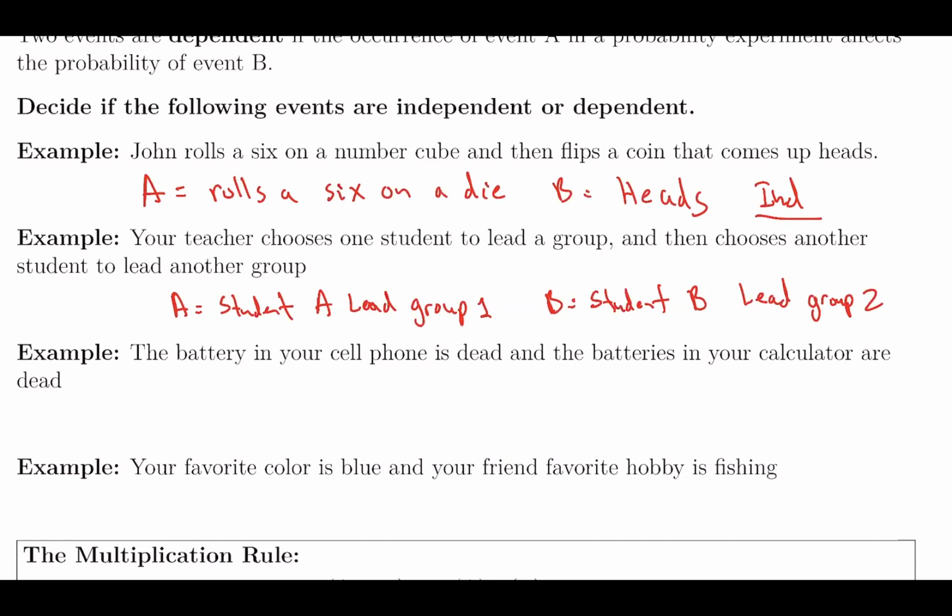So the way that I choose the first student, does that affect how I choose the second student in this class? Let's think about it. Say we have 30 students in a class. When I pick the first student, what's the probability that I picked student A?